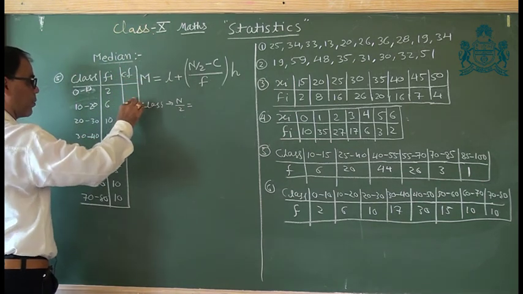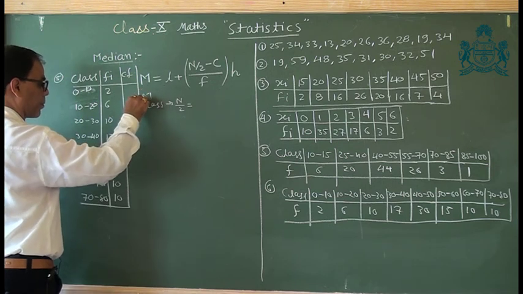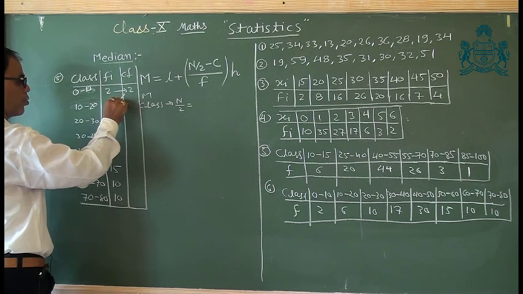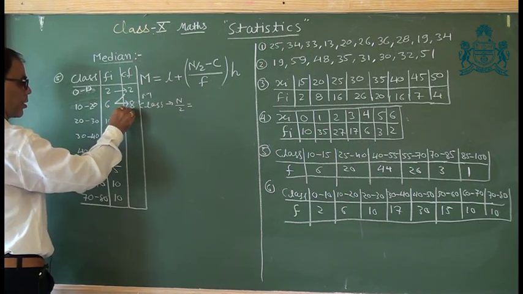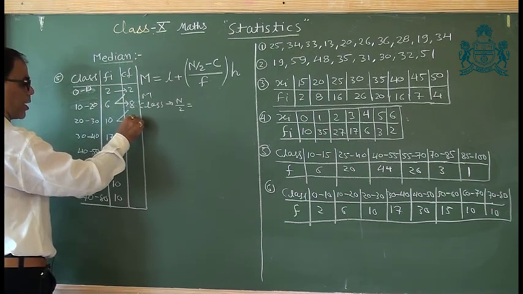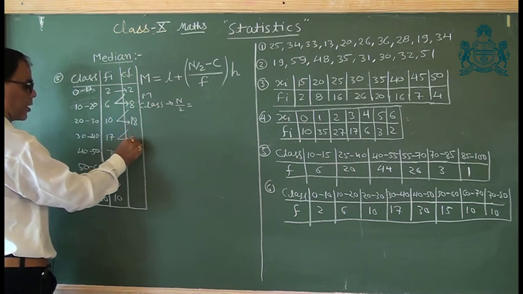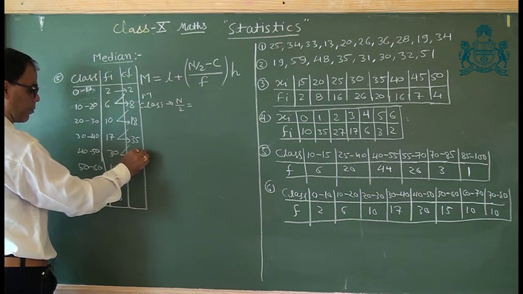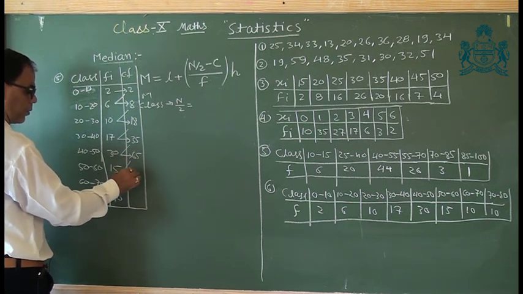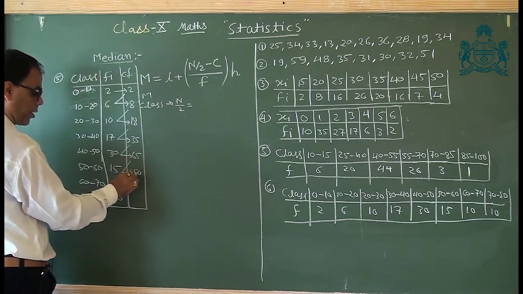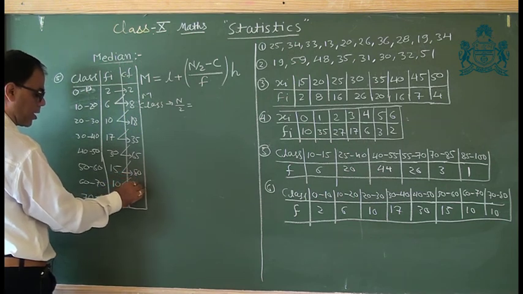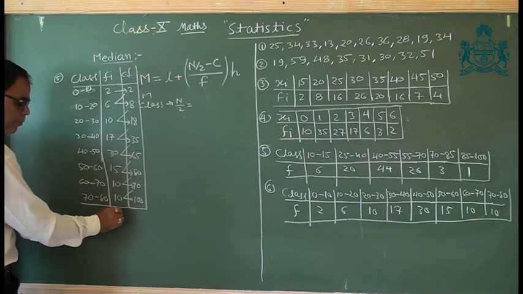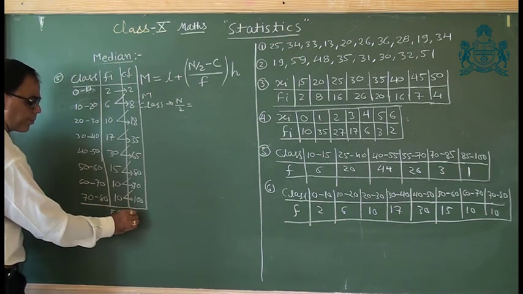Find the cumulative frequency: 2 as it is, 2 plus 6, 8. 8 plus 10, 18. 18 plus 17, 35. 35 plus 30, 65. 65 plus 15, 80. 80 plus 10, 90. 90 plus 10, 100. Sum of frequency is 100.